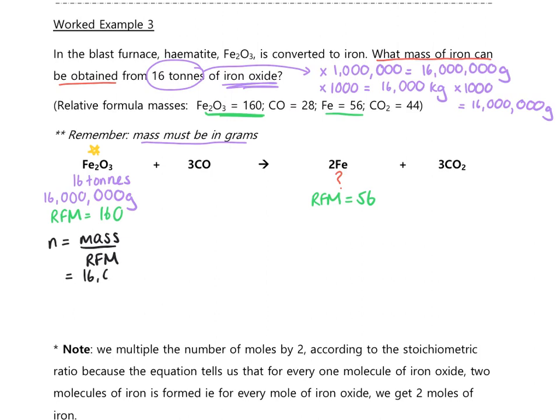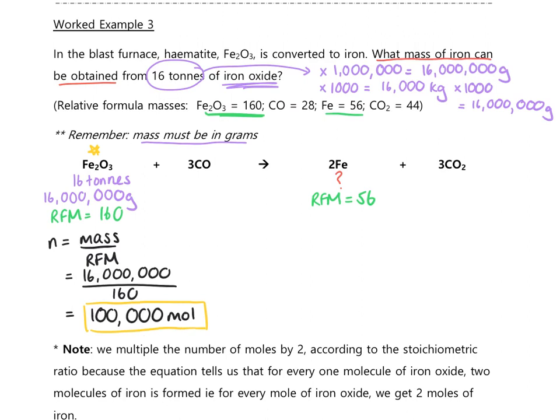My mass is 16 million, and I divide that by the RFM, which is 160. Again, put that into your calculator, 16 million divided by 160, and that should give you 100,000 moles, mol.